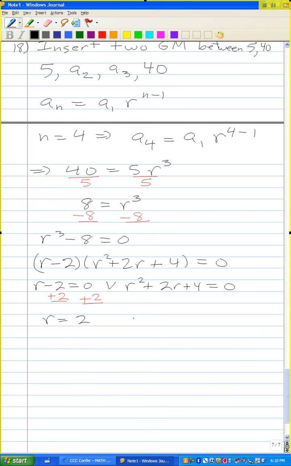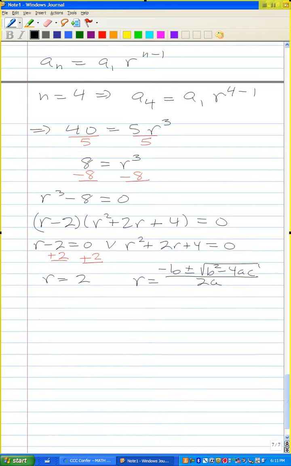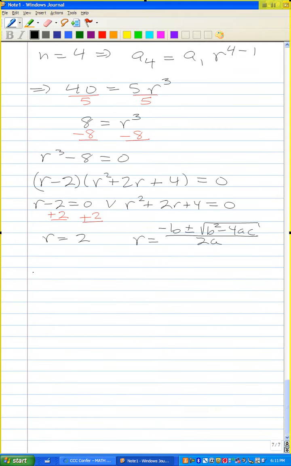Using the quadratic formula, I get the following. And so r is equal to negative b plus or minus the square root of b squared minus 4ac, all over 2a.